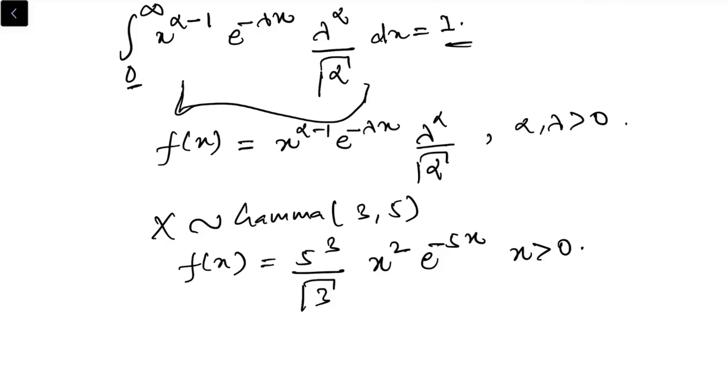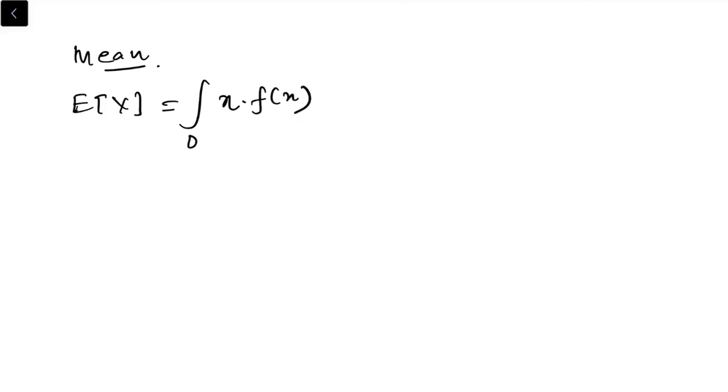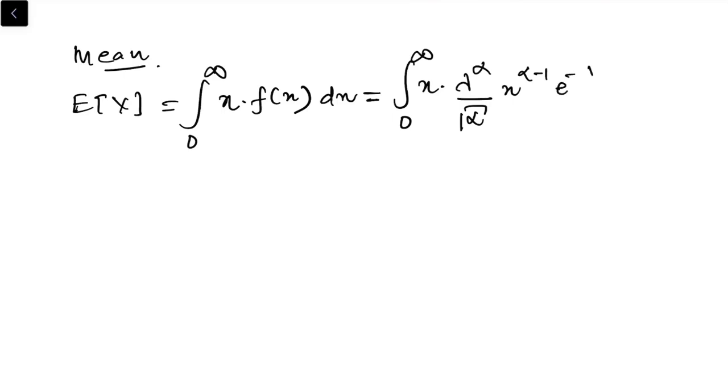All right, now let's see how we can derive mean and variance. So the mean, the expectation of X, is the integration of x times PDF, and the range of x is 0 to infinity dx. So this is the integral from 0 to infinity of x times lambda to the power alpha divided by gamma alpha, times x to the power alpha minus 1 e to the power minus lambda x dx.